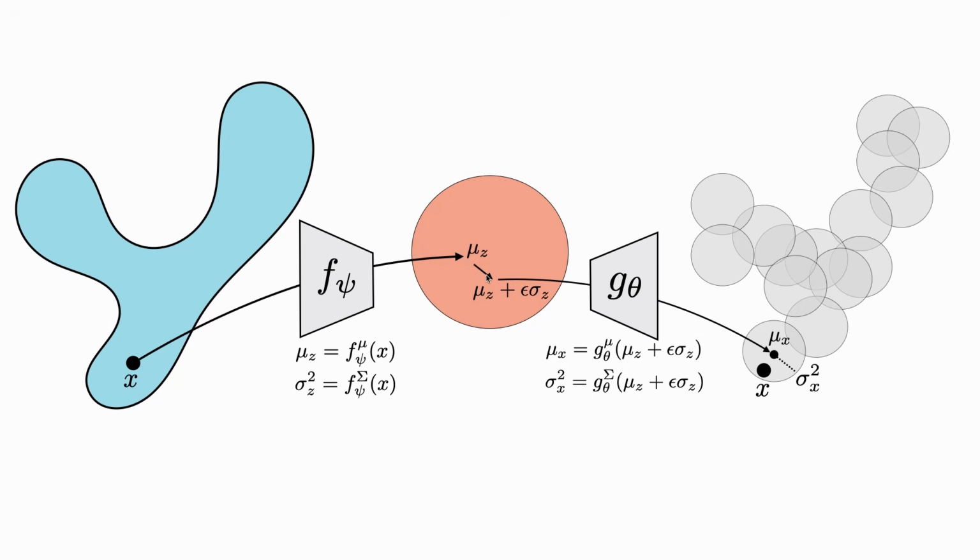Taking a sample means we're just going to add noise. Remember, that's mu_z plus unit Gaussian epsilon times the standard deviation for the encoded point x. So sigma_z is the standard deviation of the encoded point x. This is one sample from a normal distribution centered at mu_z with variance sigma_z squared.